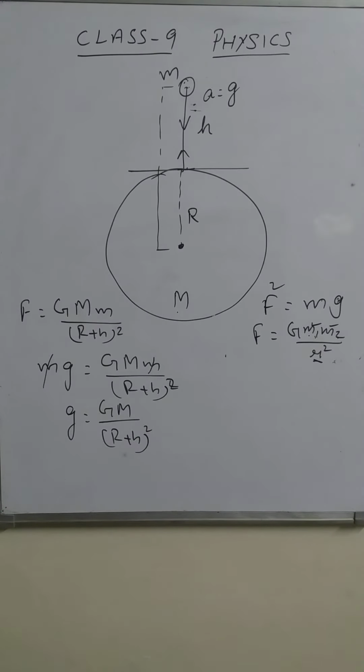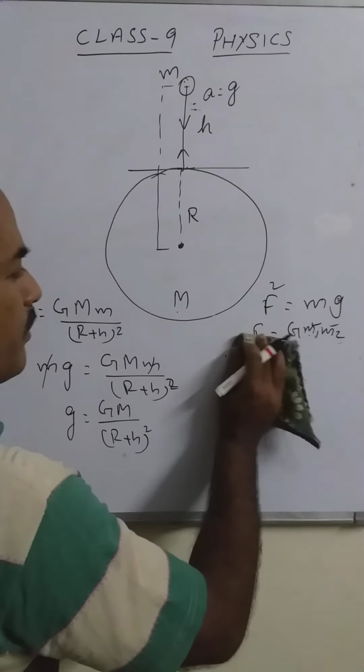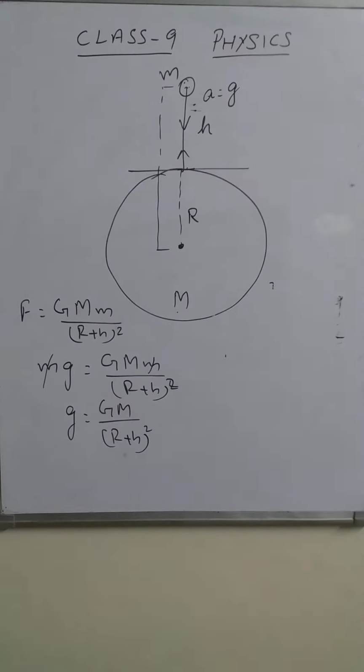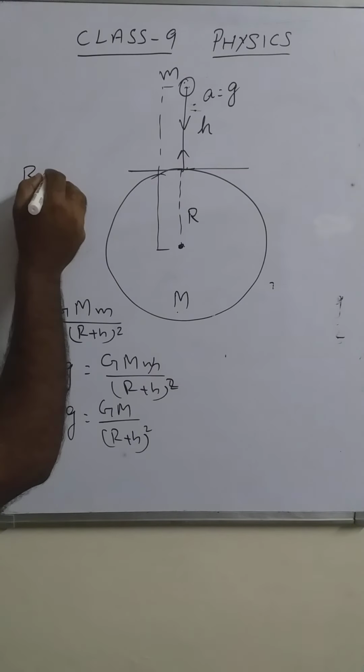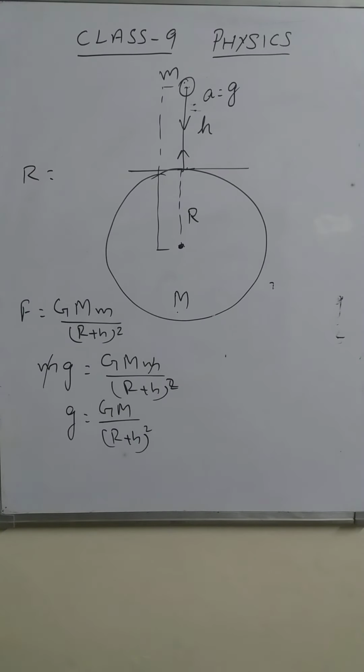Now once again we can simplify it. How? Since the radius of earth is very large, I just write 6400 kilometer, and the object is placed at some height. This may be 10 meter or 20 meter.